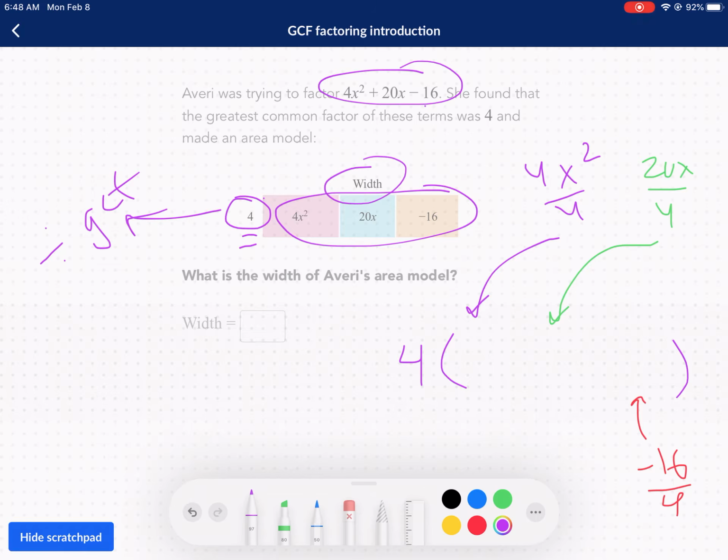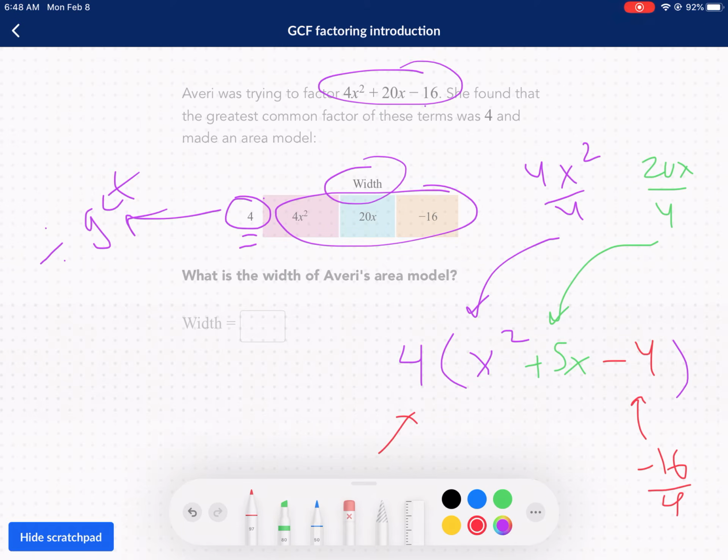Let's start with the purple. 4x squared divided by 4 just gives me x squared. 20x divided by 4 gives me 5x, and it's positive. The last one's negative, so negative 16 divided by 4 is minus 4. If I multiply these two things, I get my area, my length times my width.